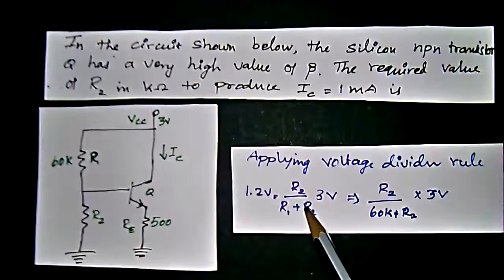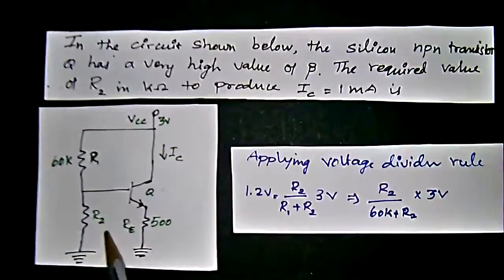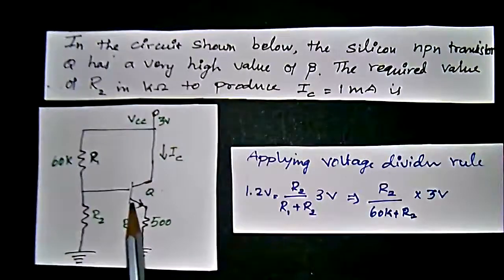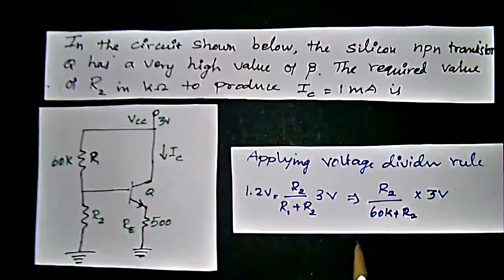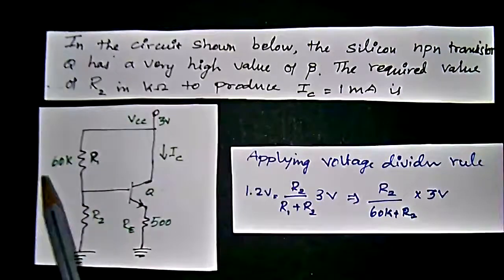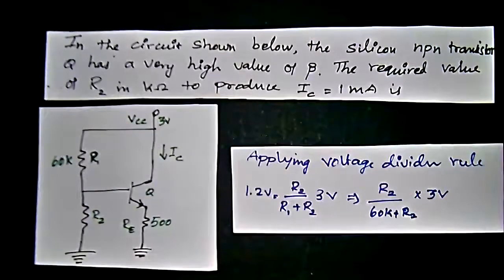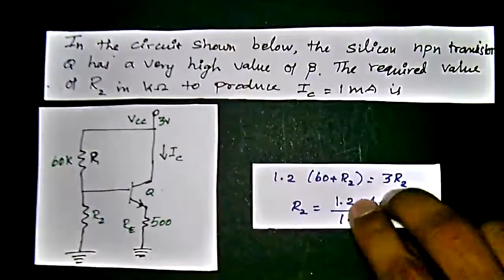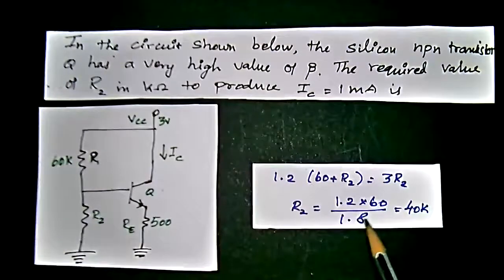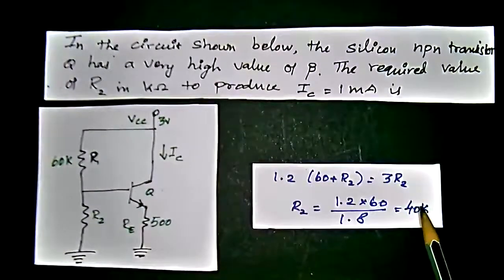So VB equals R2 divided by R1 plus R2, where R1 is 60K, into 3 volt, which gives 1.2 into (60 plus R2) equals 3 R2.